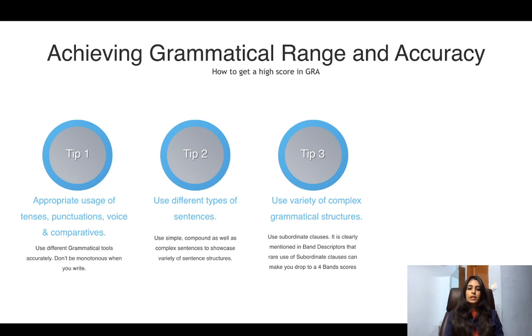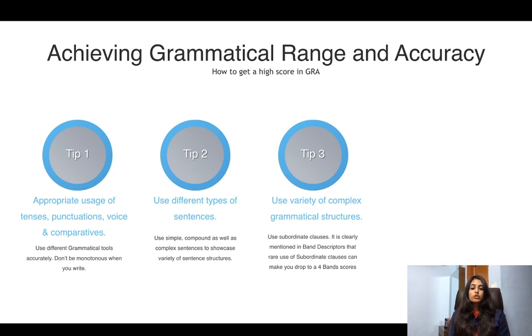The third and final tip for your GRA is to use a variety of complex grammatical structures. Use subordinate clauses, which come under your compound and complex sentences. It is clearly mentioned in the band descriptors that if you rarely use, or do not use, subordinate clauses, you can drop to a band score of 4.